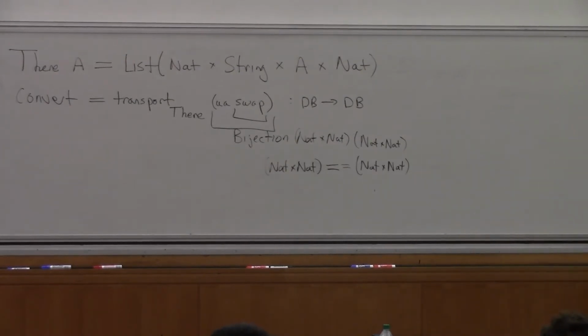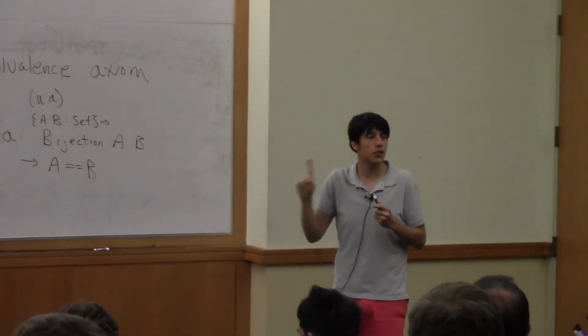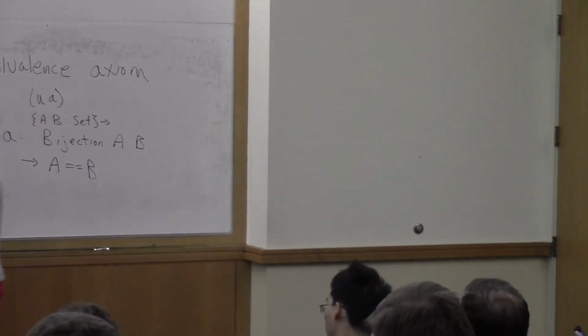But something really new and interesting is happening, which is this proof of equality between nat cross nat and nat cross nat is not reflexivity. This is a different way of showing that these two types are equal than reflexivity.